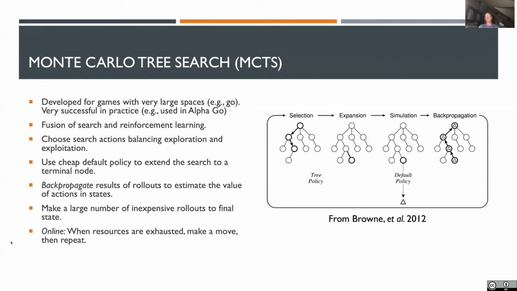And then it uses a cheap default policy to extend its rollouts all the way to a terminal state. It then backpropagates the result from the terminal state, so its benefit or reward or cost, all the way back up the tree and repeats. When it's exhausted its resources, it chooses the move that looks most promising given the set of rollouts so far, receives a move from the environment, and starts over.